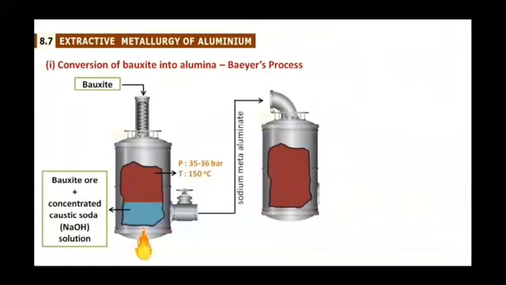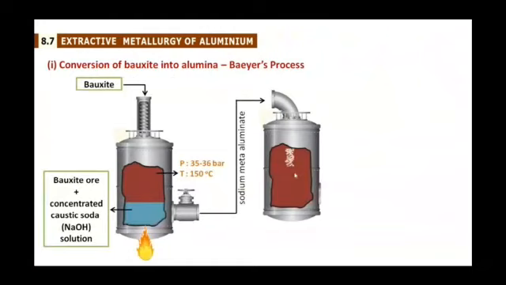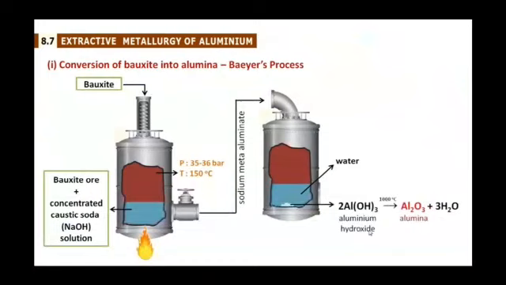So the product called sodium metaaluminate will be obtained. This sodium metaaluminate is transferred into another container and mixed with water. On mixing with water, aluminium hydroxide, Al(OH)3, precipitate will be formed.